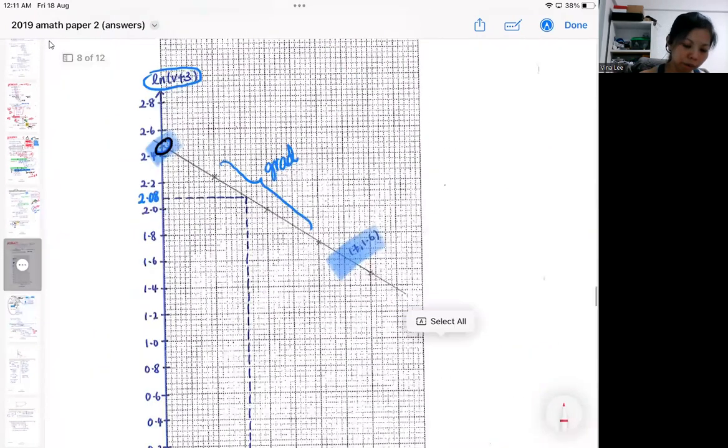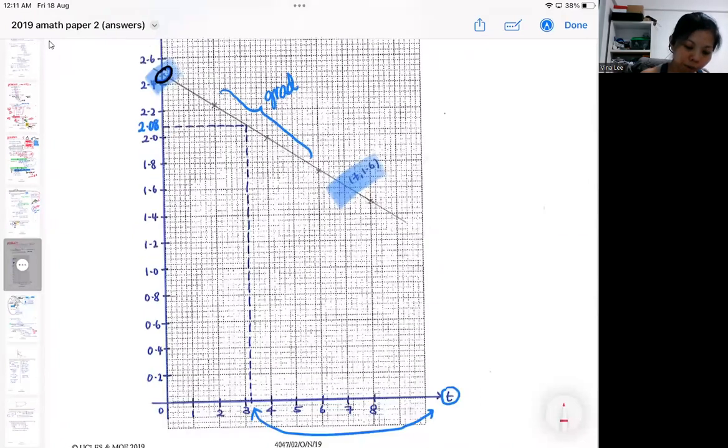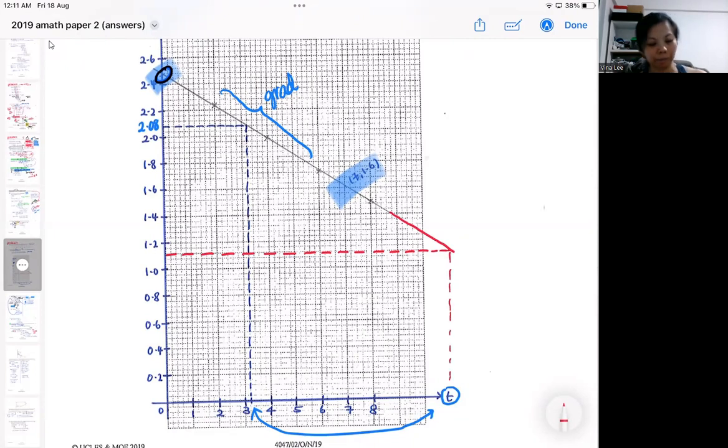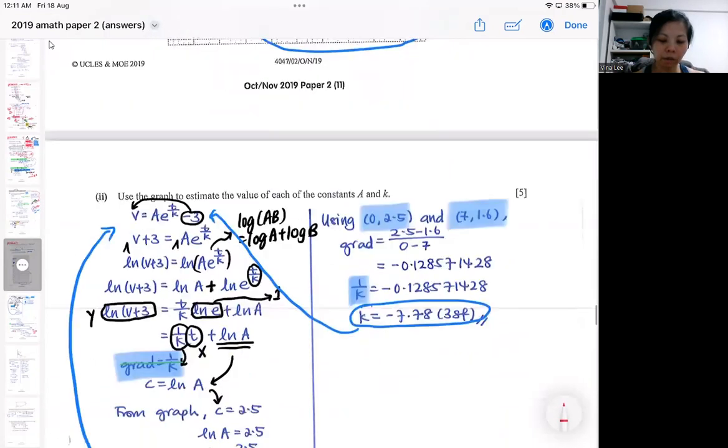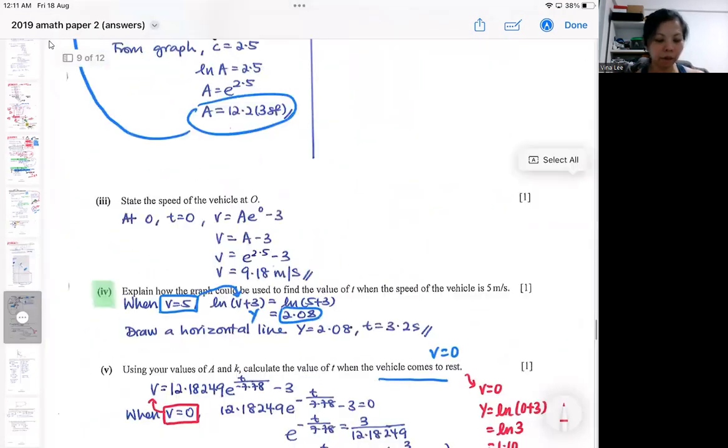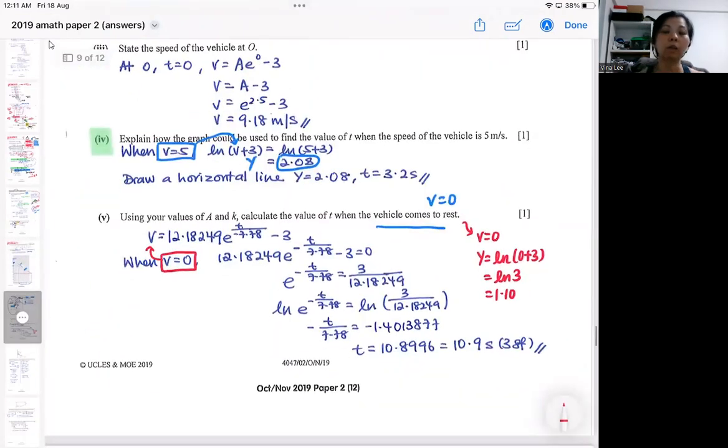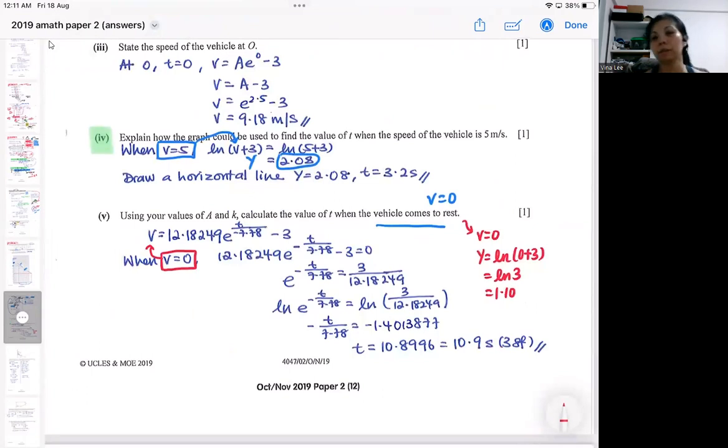So I will need to look at 1.1. By right, I can do it this way, but my graph is not sufficient. So I wasn't given sufficient range to do it. If the graph is sufficient, I can actually read it off here. So if let's say the graph is sufficient, then you might be asked to find it from the graph.